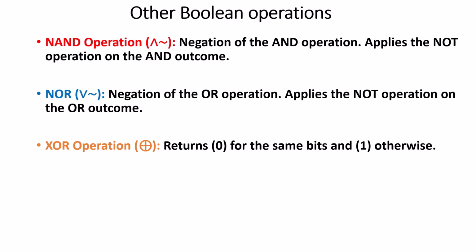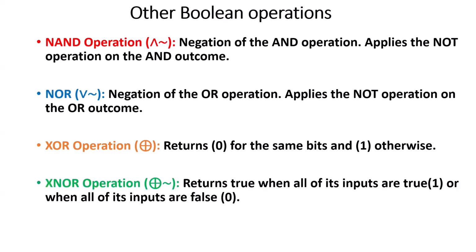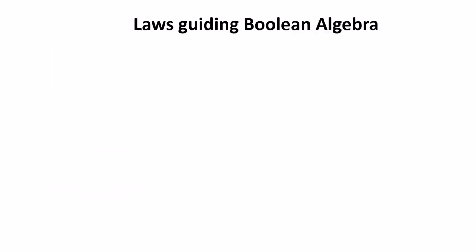XOR operation is also known as exclusive OR. It returns true, that is 1, if exactly one operand is true. Otherwise, it returns false. We also have the XNOR operation, and this is the negation of the XOR operation. It returns true, that is 1, if both operands are equal, that is, either both true or both false.